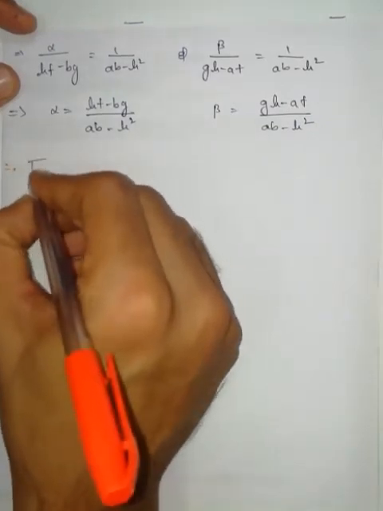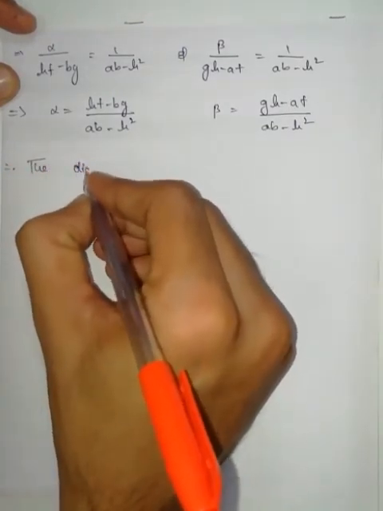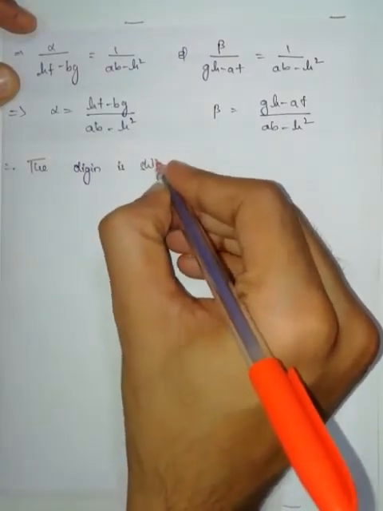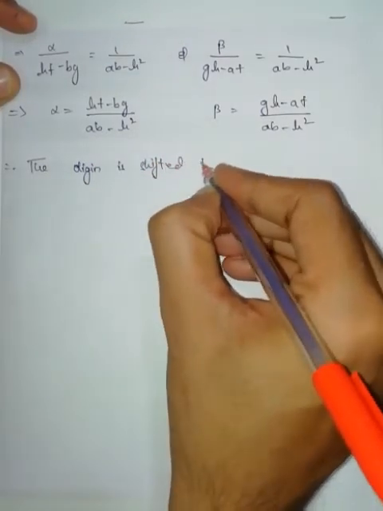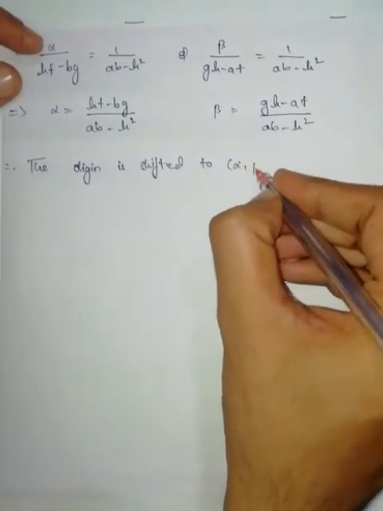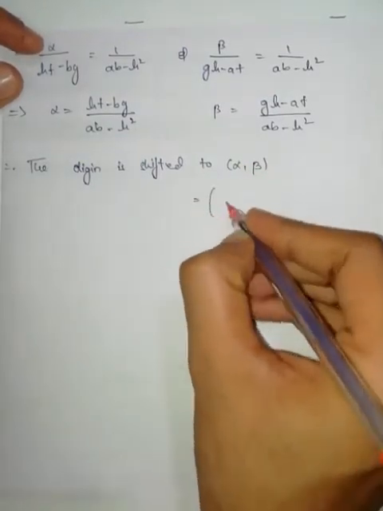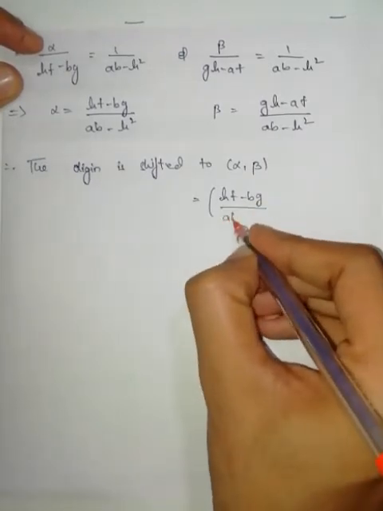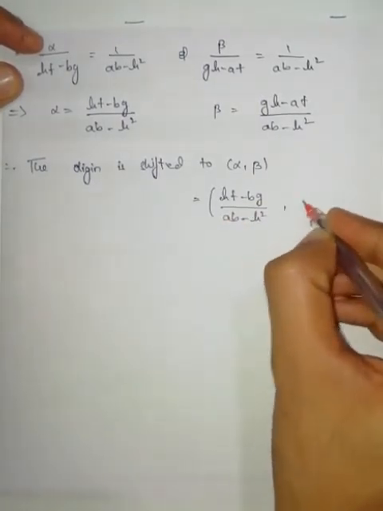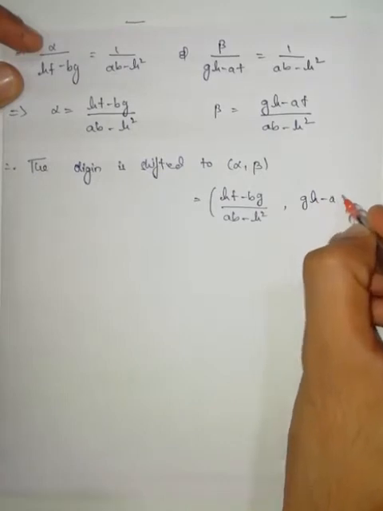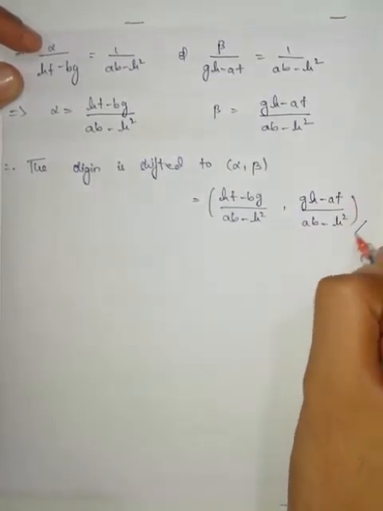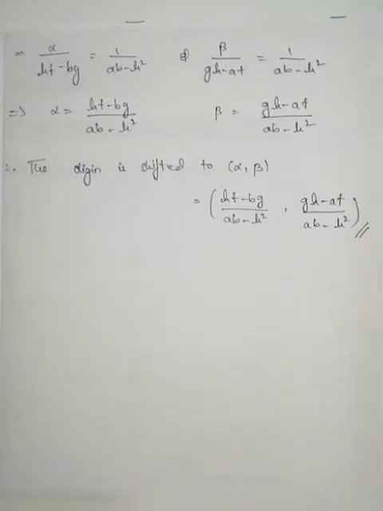Therefore the origin is shifted to alpha comma beta, that is hf minus bg by ab minus h square comma gh minus af by ab minus h square. This is the point.